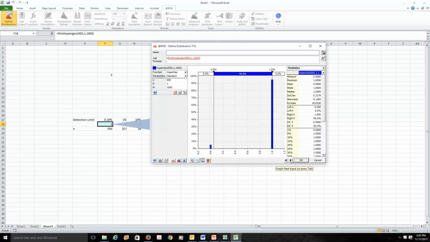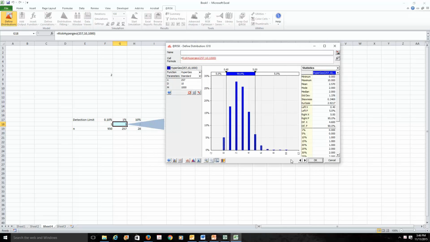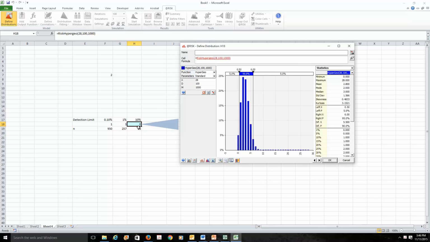Now suppose we have a detection limit of 1%. We're willing to accept 1% flawed shipments. Here you'll notice when the sample size is 257, we have 95% confidence that we are meeting our detection limit. And if we have a detection limit of 10%, you will notice the same number we just derived a moment ago. We need a sample size of 28.